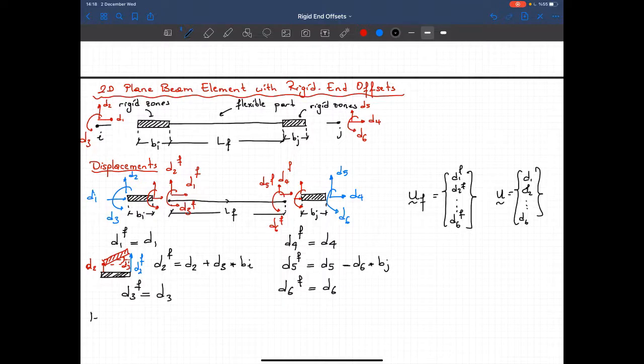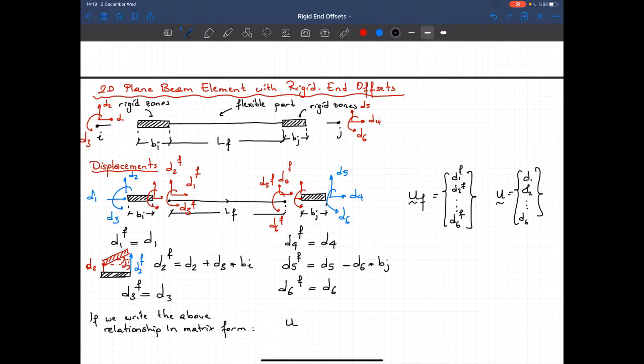So if we write the above relationship in matrix form, this is what I have.